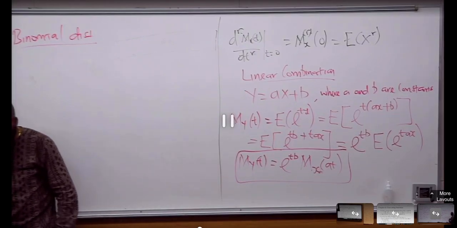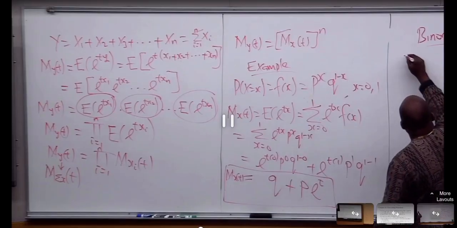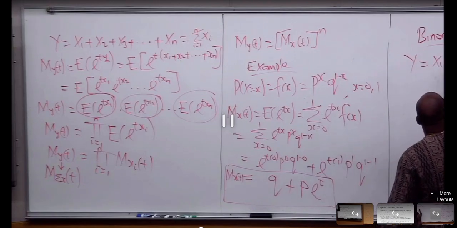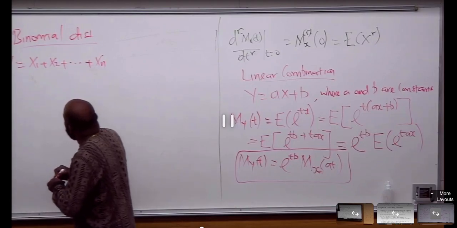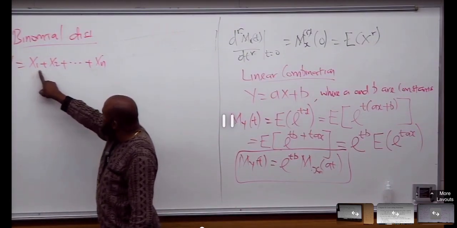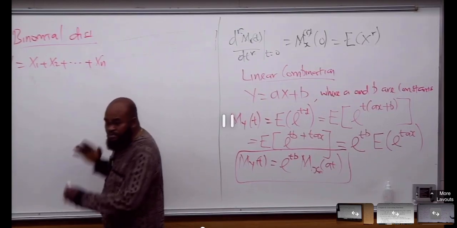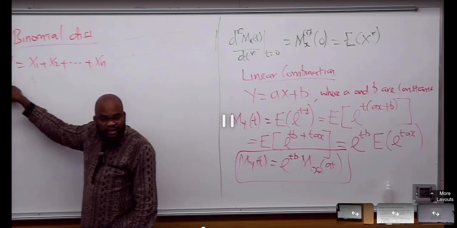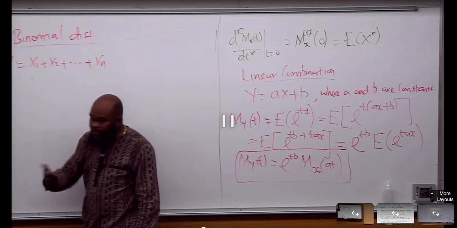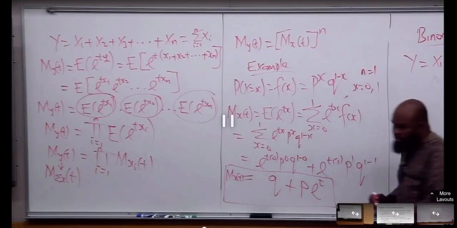If random variable X follows Bernoulli, binomial is this: X1, each of these is Bernoulli. If I sum Bernoulli n times, it becomes a binomial. Does that make sense? Don't forget, in Bernoulli, it's just one trial. The number of trials in Bernoulli is 1.